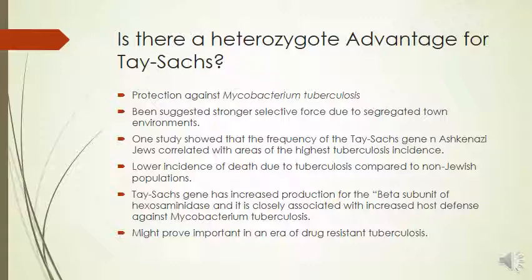And this beta subunit is closely associated with increased host defense against mycobacterium. So that's very important. And also, given the fact that we have so much drug-resistant tuberculosis today, this fact that the beta subunit of hexosaminidase has a protective mechanism is going to be important for the future.